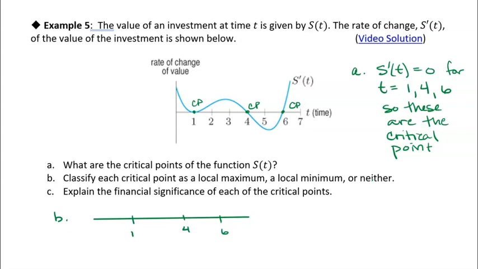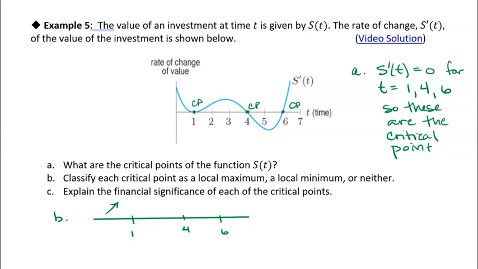So you can look at this graph of S prime of t. The values of S prime are positive until you get to 4, and then they're negative between 4 and 6, and then positive again.